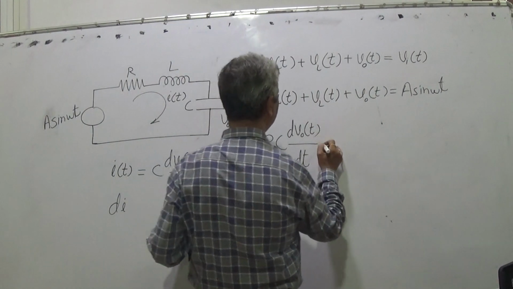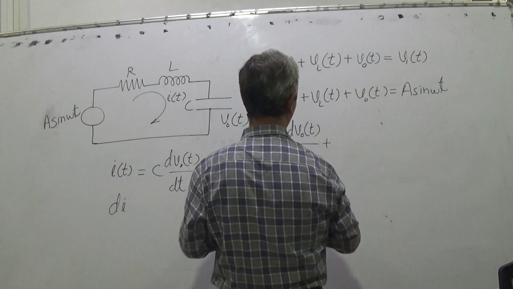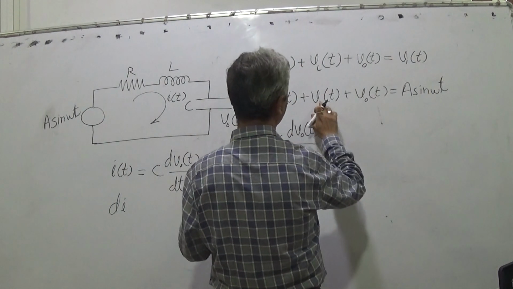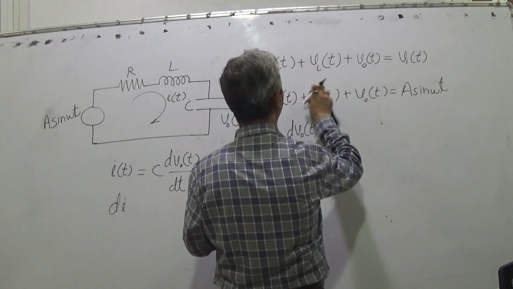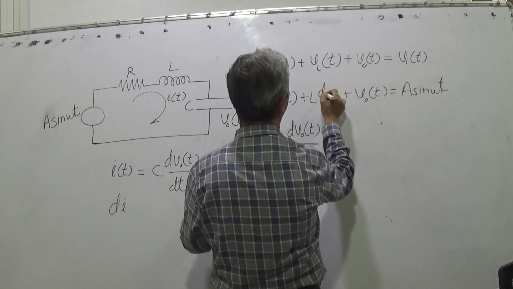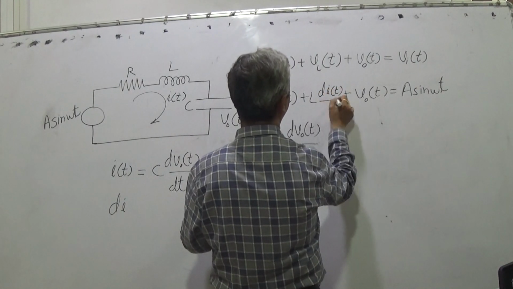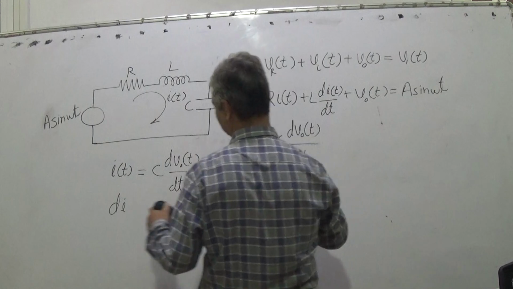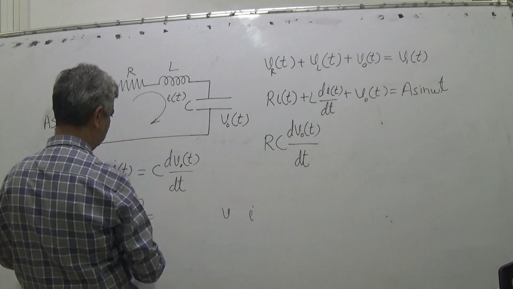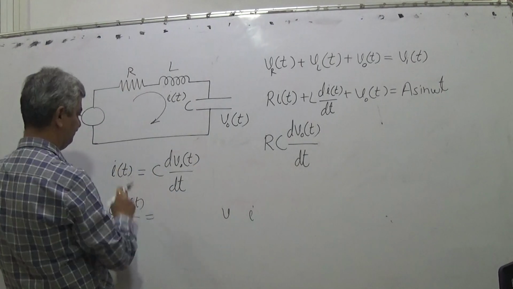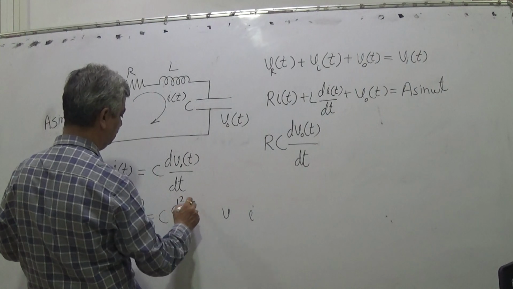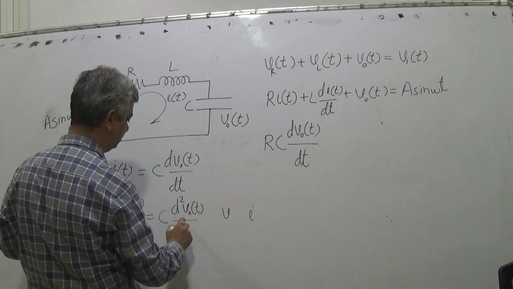VL(t) equals L di by dt. So what is di by dt? It is its differentiation, so C d2Vo(t) upon dt square.